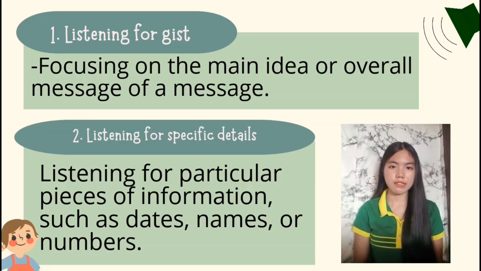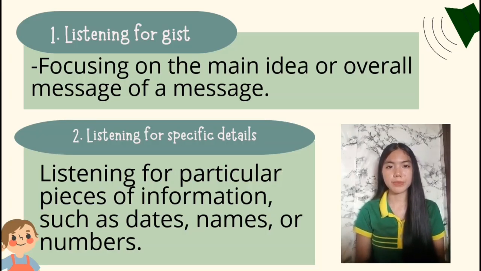Number 2, listening for specific details. This sub-skill requires focusing on particular pieces of information within a spoken text. So it involves pinpointing precise details such as names, dates, times, locations, statistics, or specific instructions.